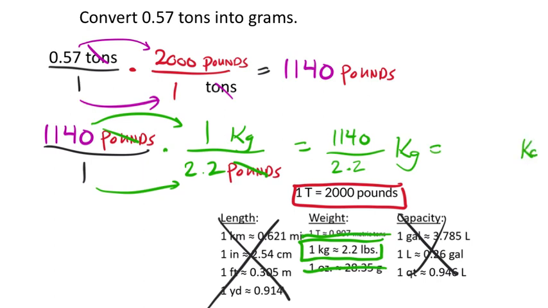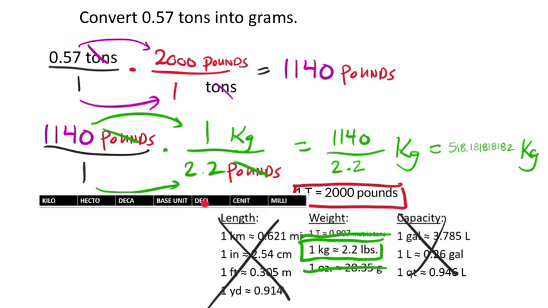I'm going to keep a lot of decimal places because we need the decimal places. So let's see if I can fit this in here. It's 518.18. Looks like it just repeats 18. Then my calculator gives me a 2 right there, which I'm not going to need. I ran out of space, so I made that kind of long.